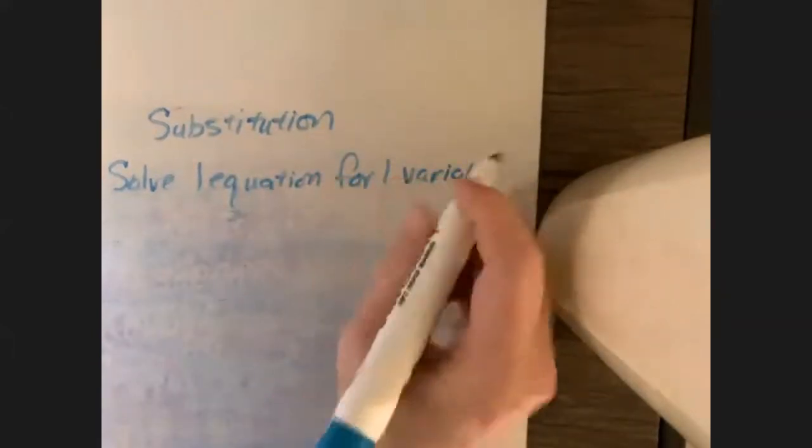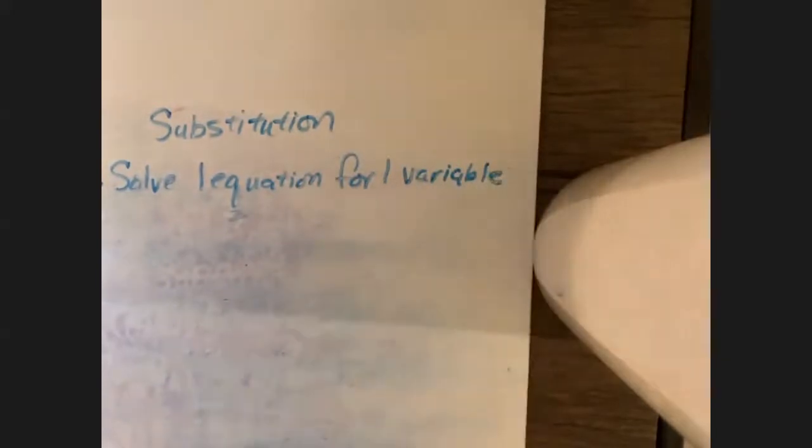It does not matter whether it is the upper equation or the lower equation, or whether it's x or y. You really look for which one is the easiest to get by itself. Personally, thinking back to that last one we had, x plus 2y, I would have gotten x by itself. If I wasn't going to graph that, I'd get x by itself because it's easy enough. Move the 2y, x is by itself, and I can process forward from that.